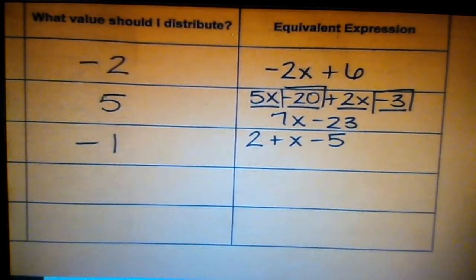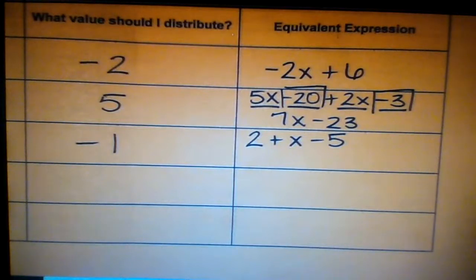Rashawn, what happens now? I've got 2 plus x minus 5. Am I done? What do I have to do? Hold on, let him think. Don't make me call you assistant. All right, trust me, Brianna got this. Don't you have to plug the thing in there?